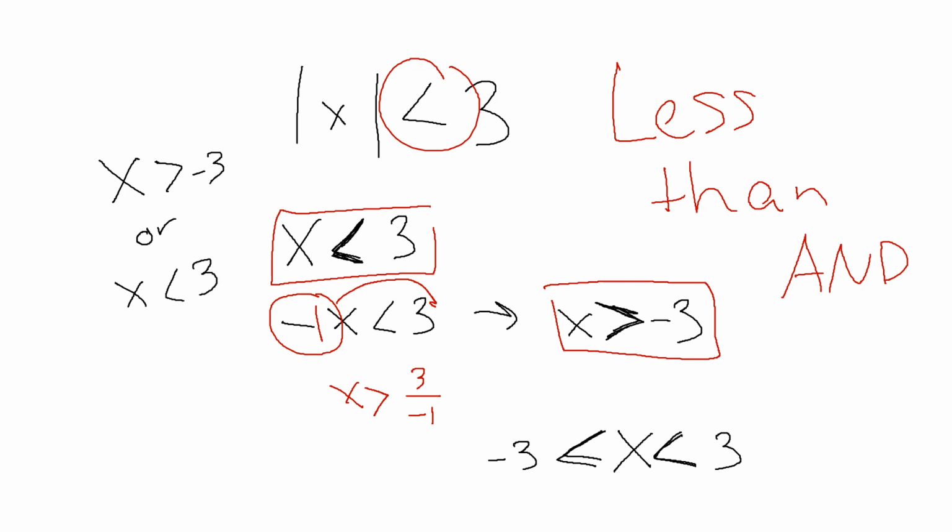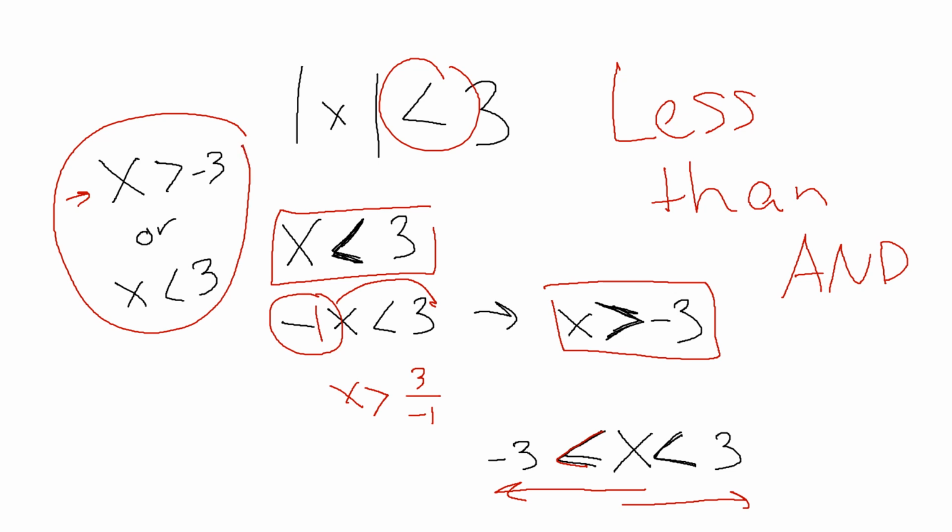But they write it sort of all-inclusively. If I read this from the x in this direction, it's saying x is greater than -3. If I read it from the x in this direction, it's saying that x is less than 3. So I'm writing this information all together, just as one sentence.